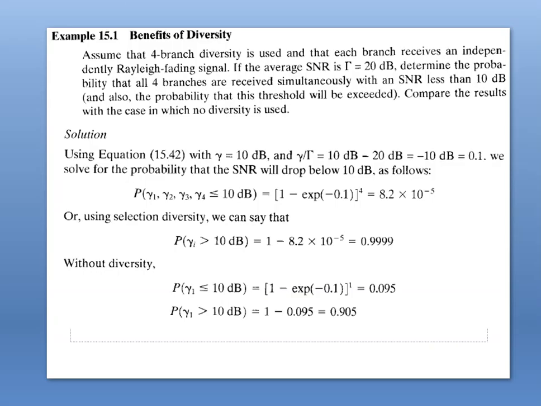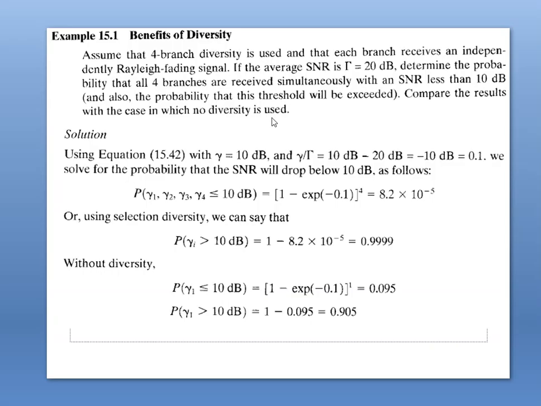Again I repeat the question. Assume that 4-branch diversity is used and that each branch receives an independent Rayleigh fading signal. If the average SNR tau is equal to 20 dB, determine the probability of all 4 branches being received simultaneously with an SNR less than 10 dB, and also compare these results with no diversity scheme.